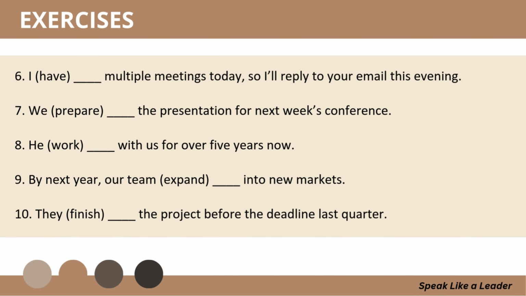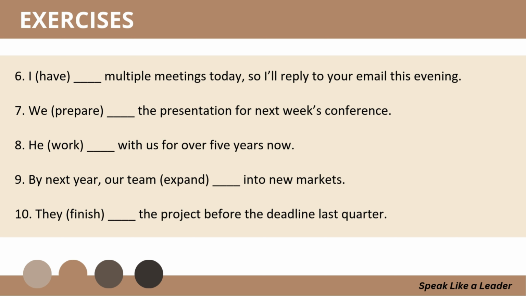Let's move on to number 6. I something multiple meetings today, so I'll reply to your email this evening. Now, you want to describe an action that happened at an unspecified time in the past but has relevance to the present. What tense would you use? The present perfect tense.